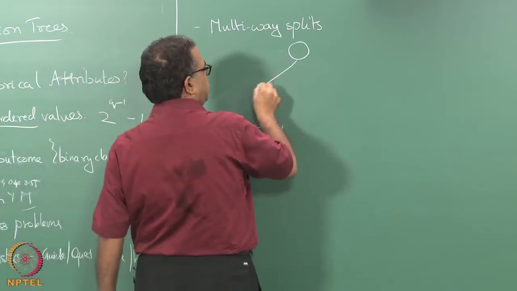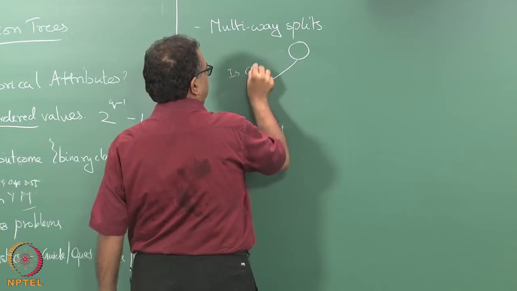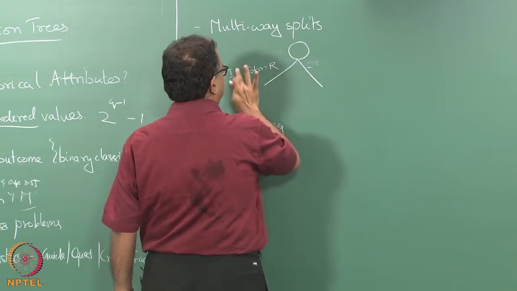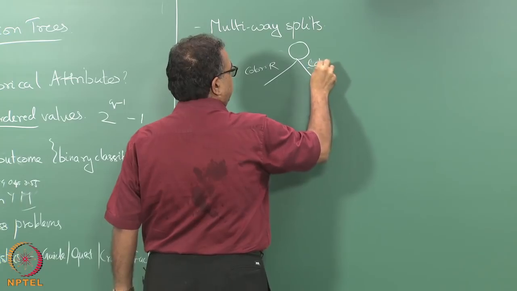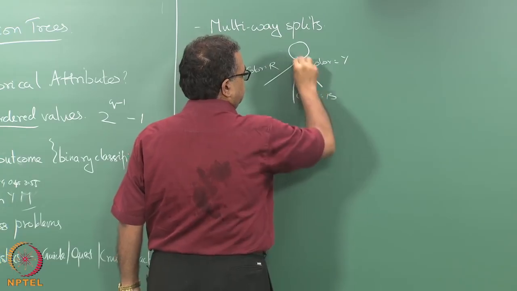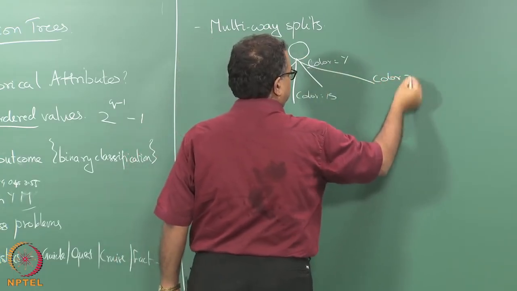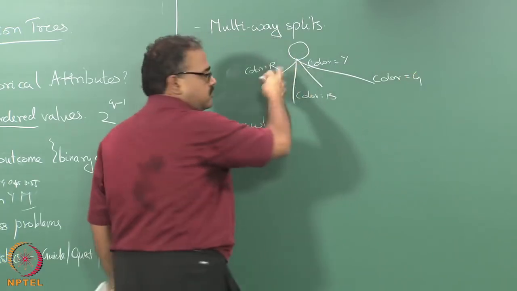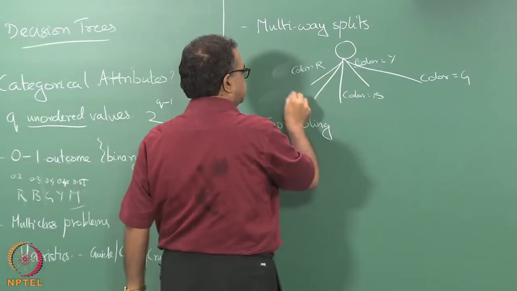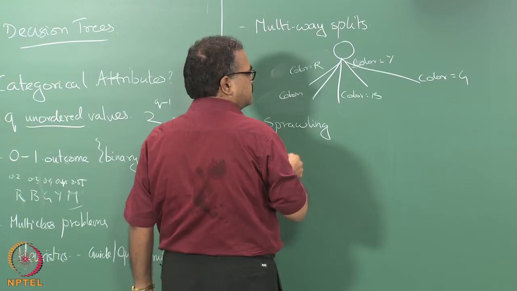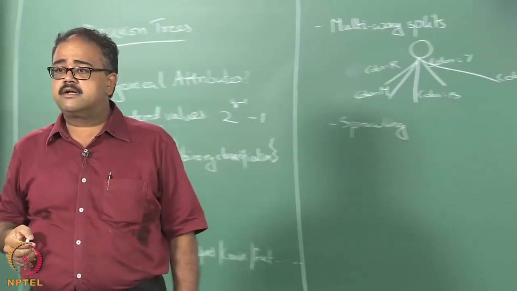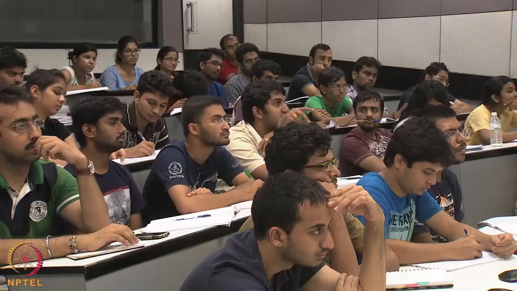So at the color attribute, I will say color equal to R, you go that way, and so on. This is essentially how your tree will look. After splitting on the attribute, you then do the regular decision. Exactly.